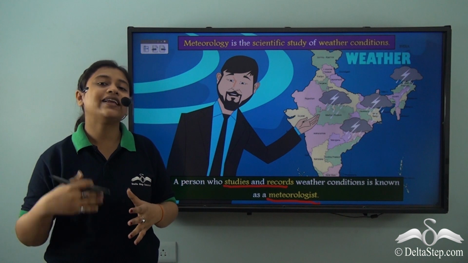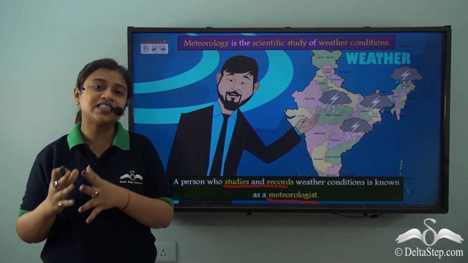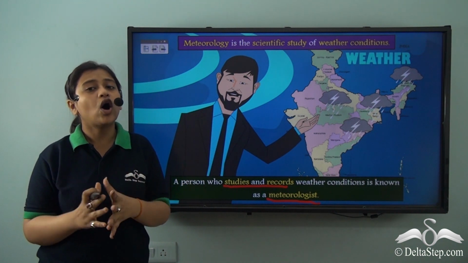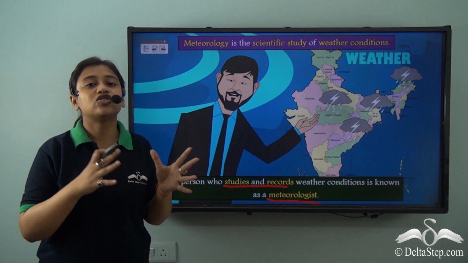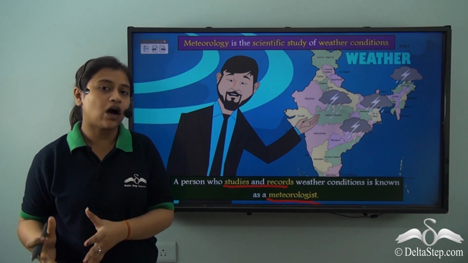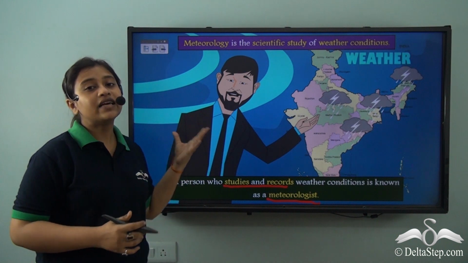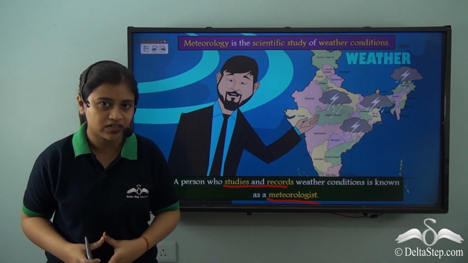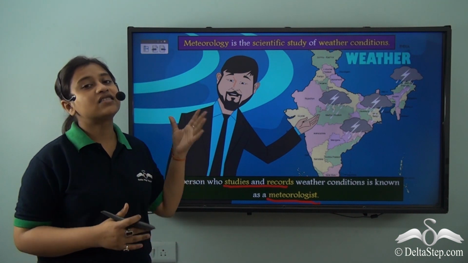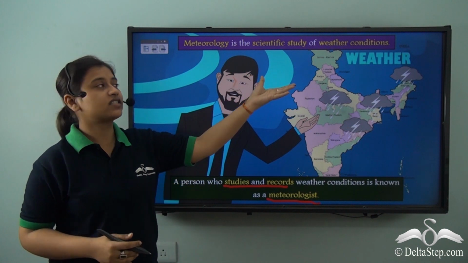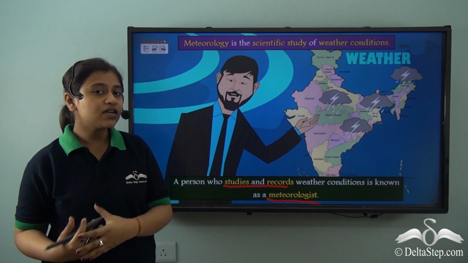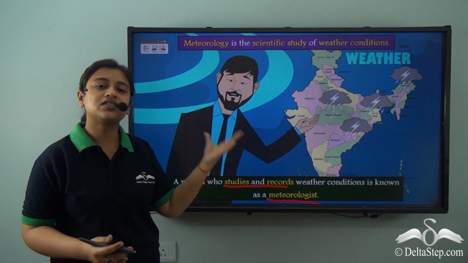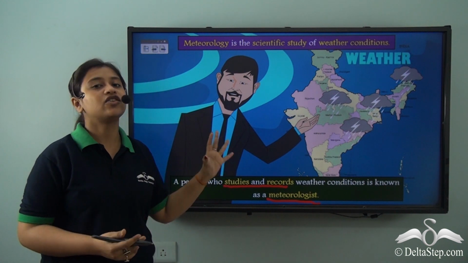Whether going on an expedition would actually be safe in a thunderstorm or would it be safer when there is no thunderstorm or no cloud. So, you see that his job is very, very important. So, we understood that the study of weather conditions is meteorology and the person who studies and records weather conditions is a meteorologist.